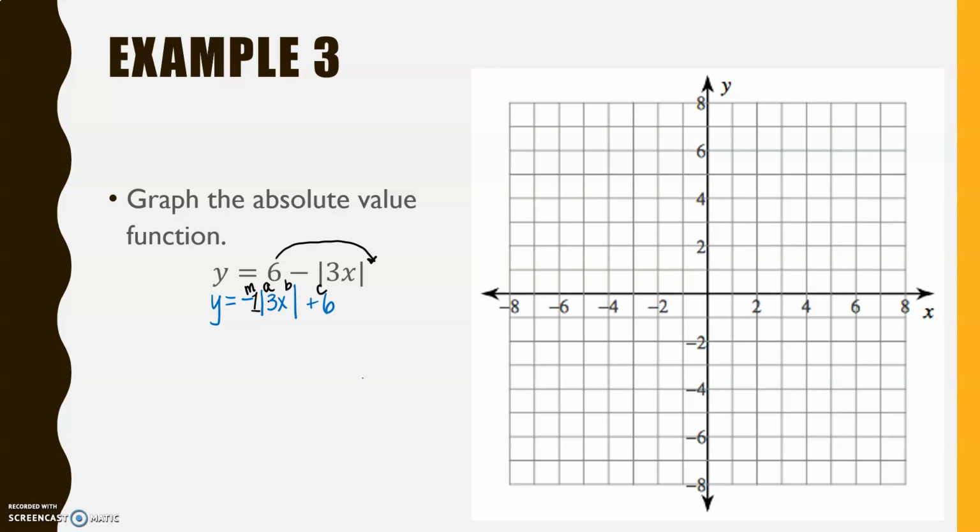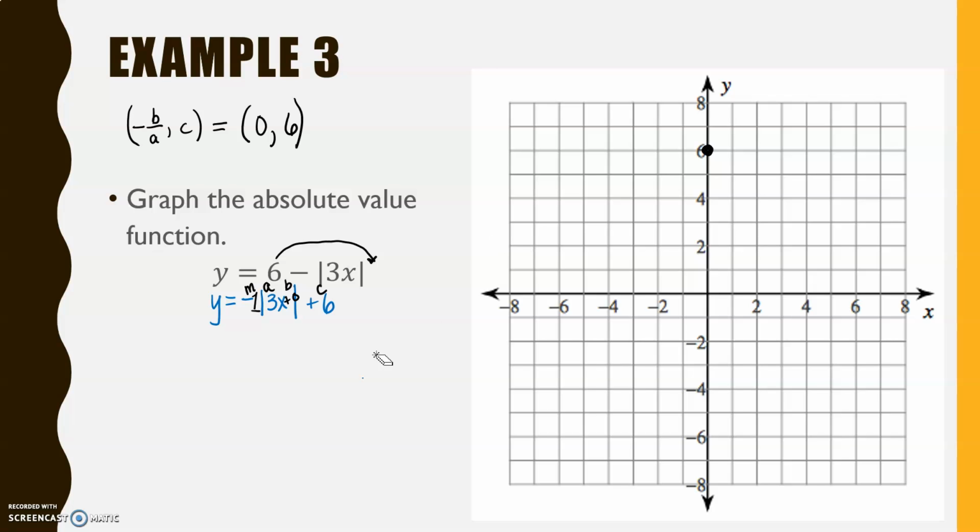And then my B is going to be 0 because nothing was written. So to find the vertex, I'm going to do this case. I'm going to get 0 over 3, which gives me 0, the x coordinate of my vertex, and then 6 for the y coordinate. So I'm going to graph the point 0, 6.